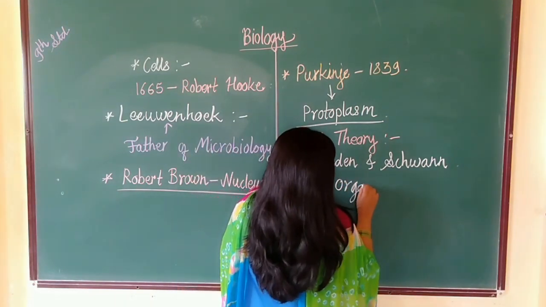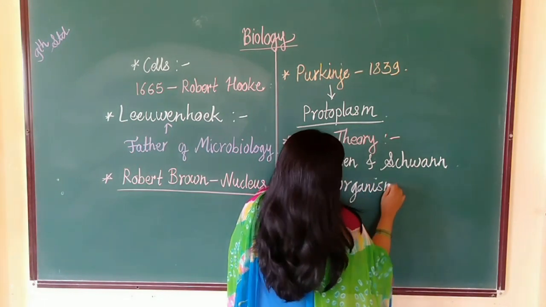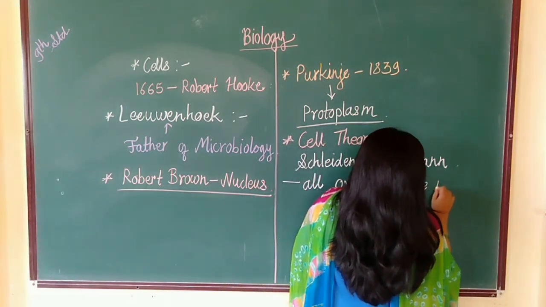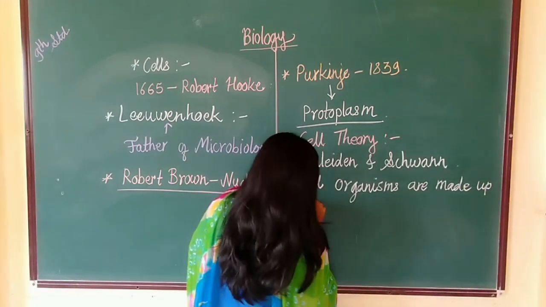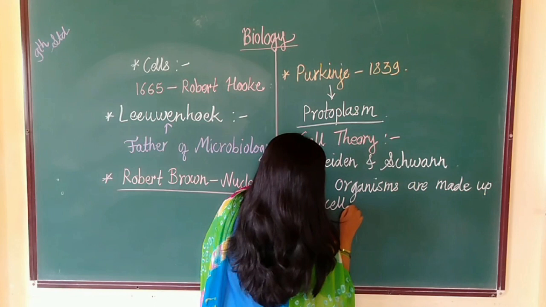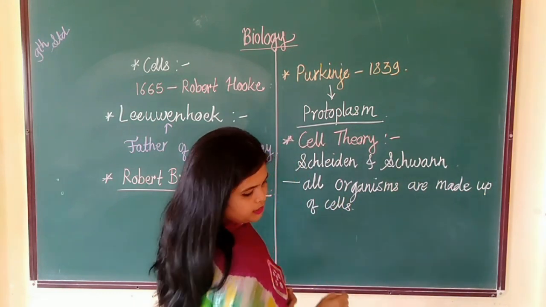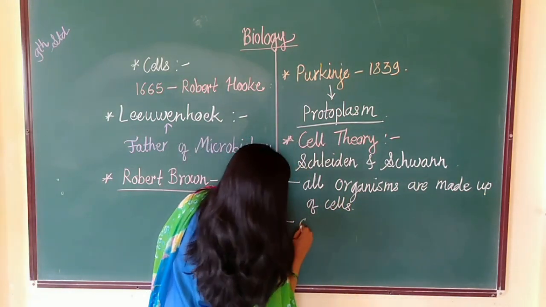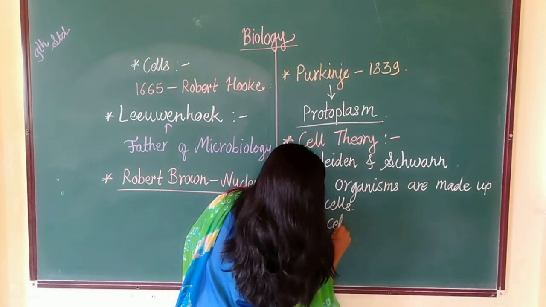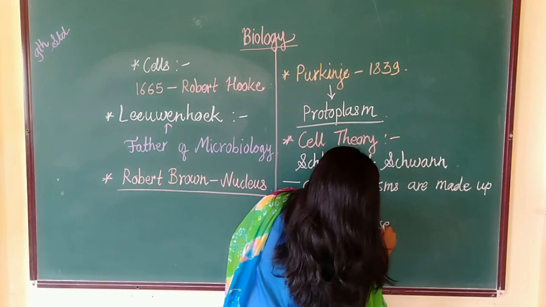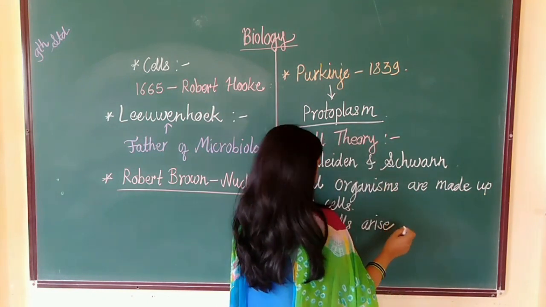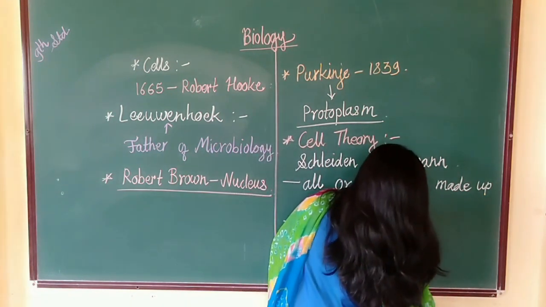All living organisms are made up of cells. The second postulate is all cells arise from pre-existing cells. Whatever kind of organism it is, it arises from a single cell, from a pre-existing cell.